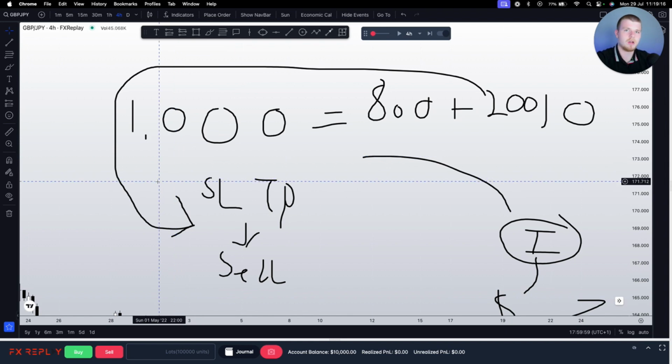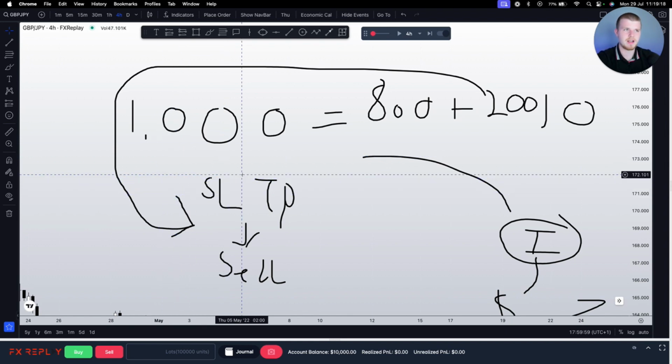Now, what happens with retail traders is they typically have the same stop loss placement, like all of us typically do. So institutional traders will target that stop loss and also pending orders, which we'll get into in a second. With the stop loss, they will target it to generate the liquidity.